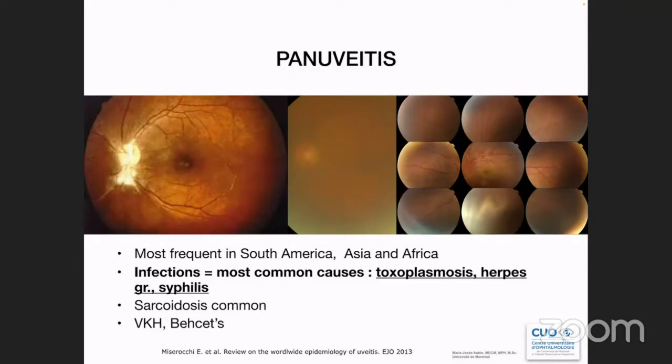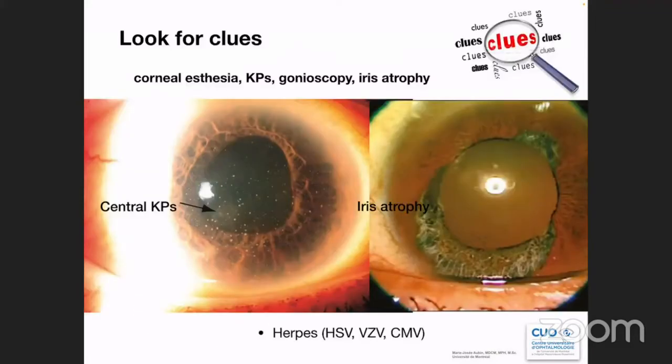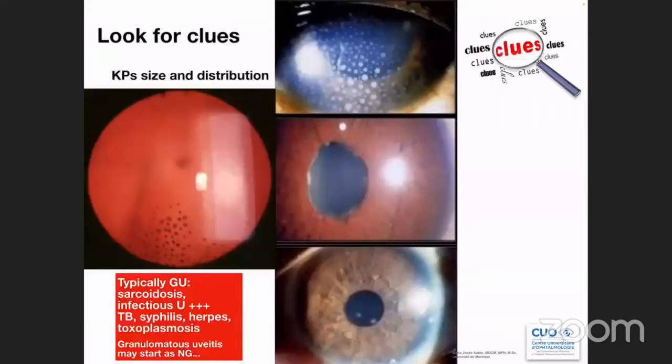Look for clues, know what you're looking for: do corneal aesthesia, gonioscopy, look at the iris looking for atrophy. Central location of KPs linked with hypertensive uveitis and sectorial atrophy should make you think of herpes. This is the Arlt triangle with granulomatous mutton fat KPs, and this is commonly found in sarcoidosis as well as in infectious uveitis such as toxoplasmosis, syphilis, TB, herpes.